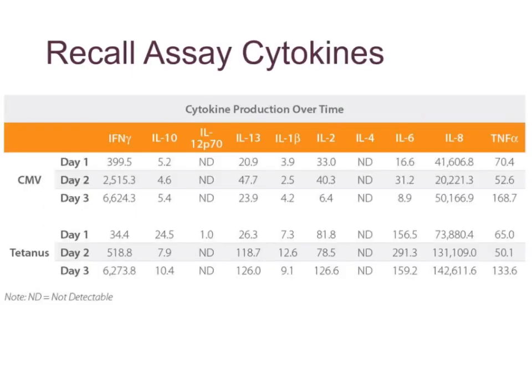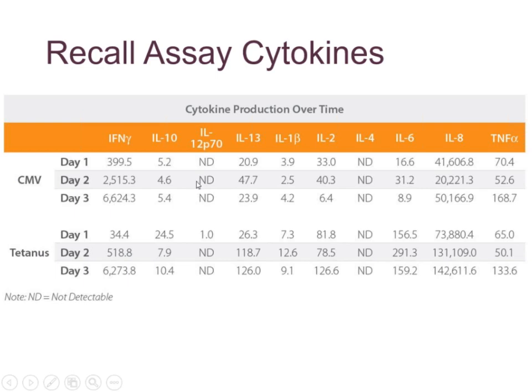This is just similar data, not using a cell line, but using peripheral blood mononuclear cells, PBMC, and looking at the kinetics of cytokine production over the first 3 days in culture. Again, the same 10 cytokines were looked at, and we used either cytomegalovirus antigen or tetanus toxoid.